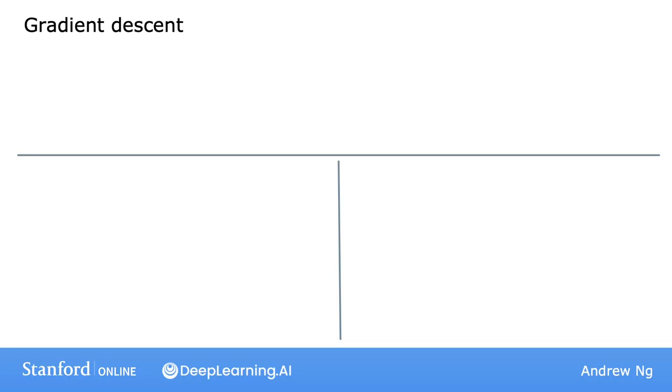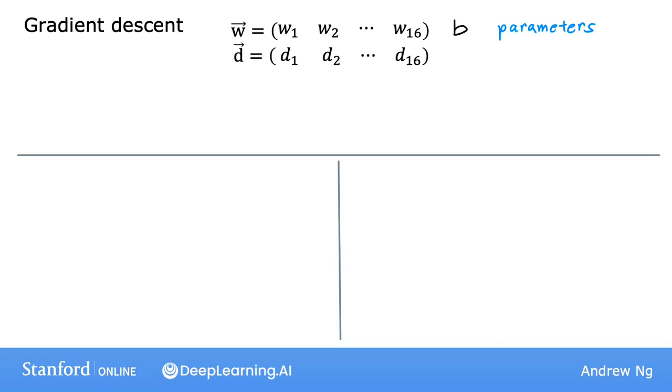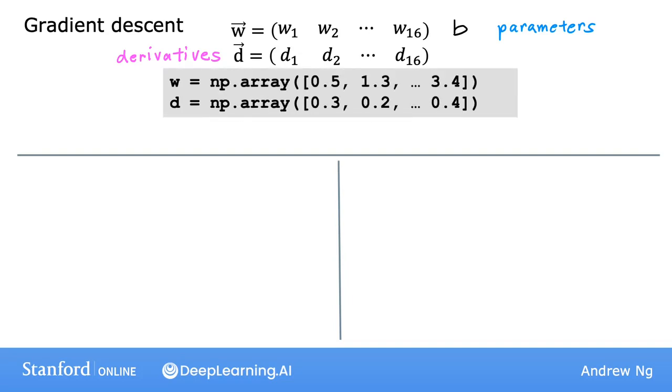Say you have a problem with 16 features and 16 parameters, w1 through w16, in addition to the parameter b. You calculated 16 derivative terms for these 16 weights, and in code, maybe you stored the values of w and d in two NumPy arrays, with d storing the values of the derivatives.